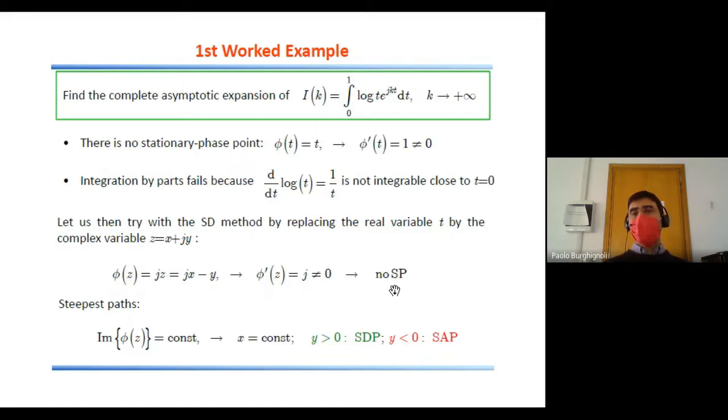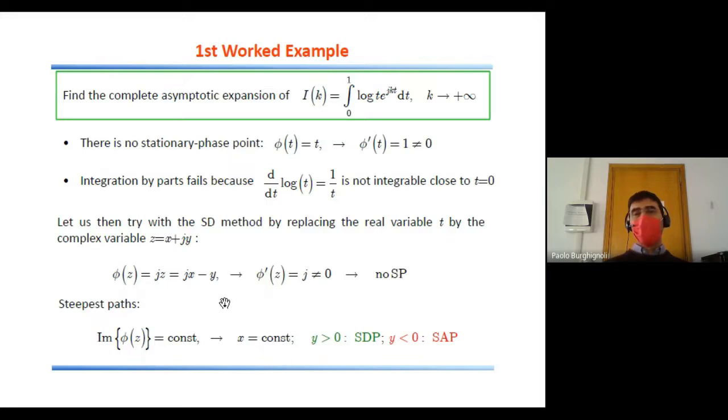However, it is still possible to find the steepest descent or ascent paths, because by definition those are the paths where the imaginary part of phi is a constant. So in this case, given this function phi, its imaginary part is x. So those paths are the paths where x is constant. So they are vertical lines in the complex plane.